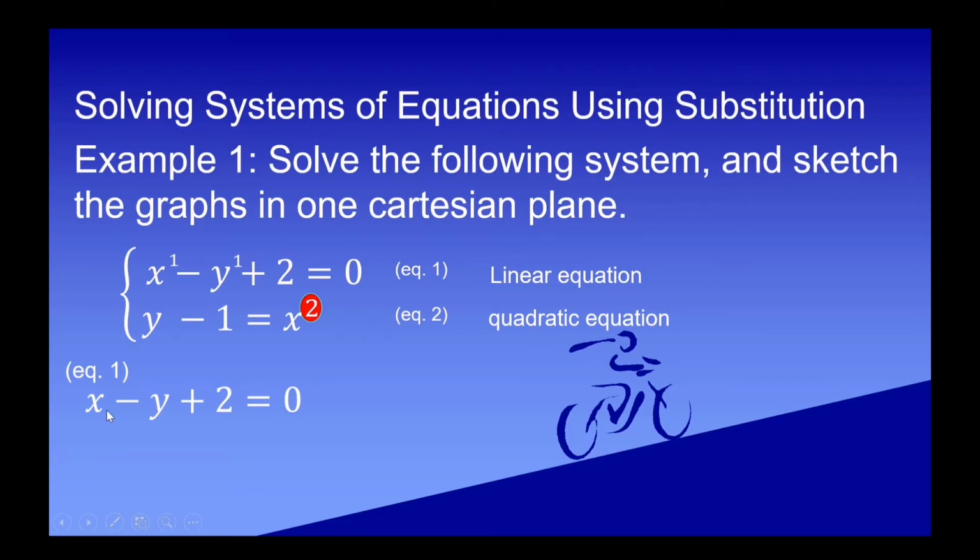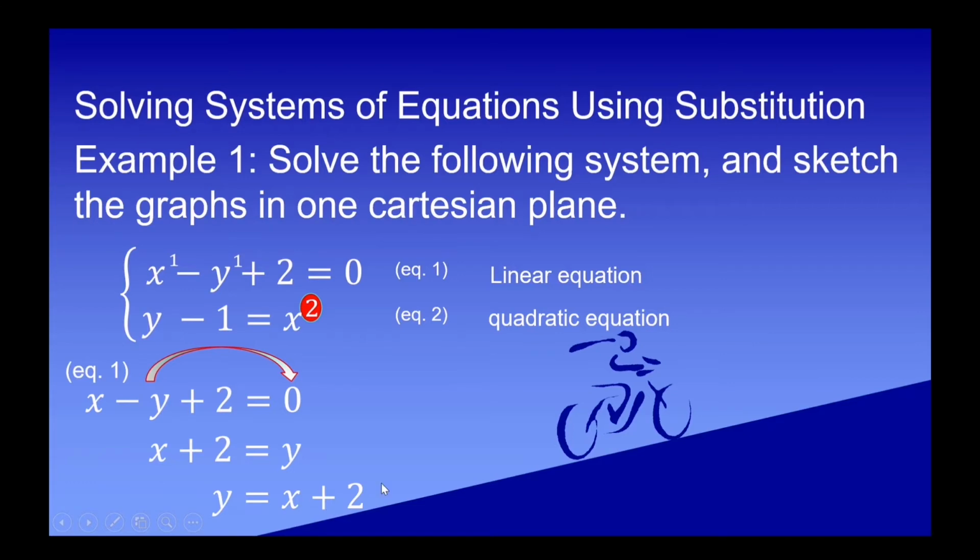So, kung titingnan natin yung equation 2, that is a quadratic equation, the variable y is the lowest degree, that is 1. So, mas madali to solve for y in terms of x. So, let's transpose y to our side, maging positive, then x plus 2 is equal to y, or you may write it as y is equal to x plus 2.